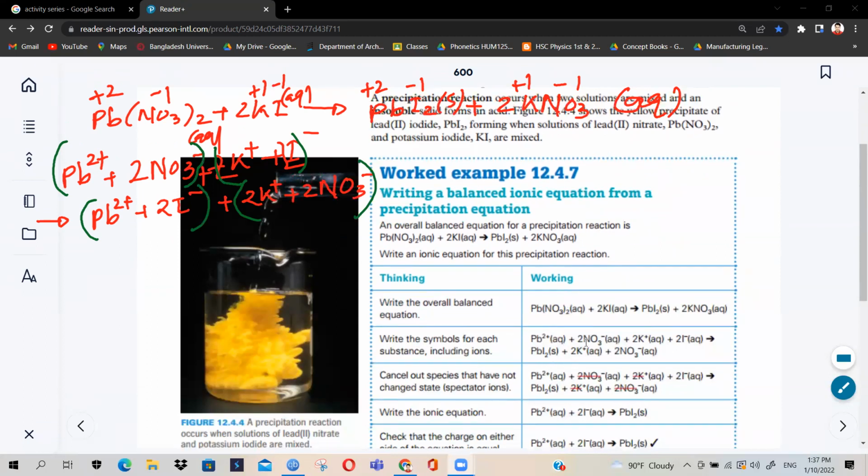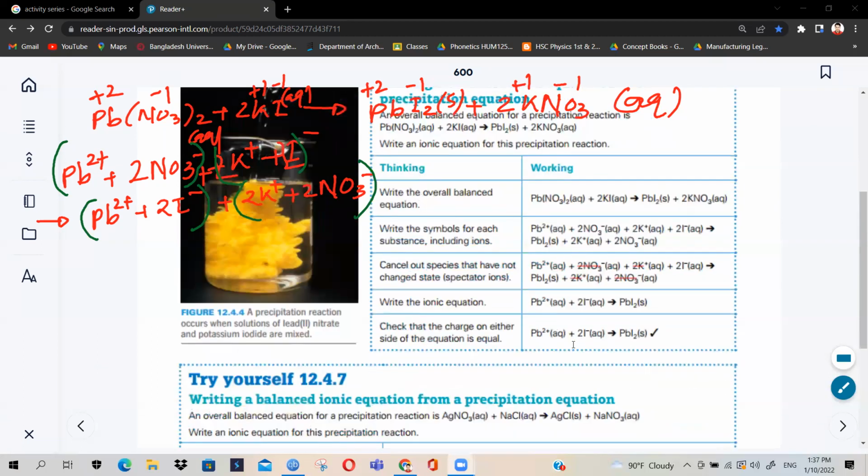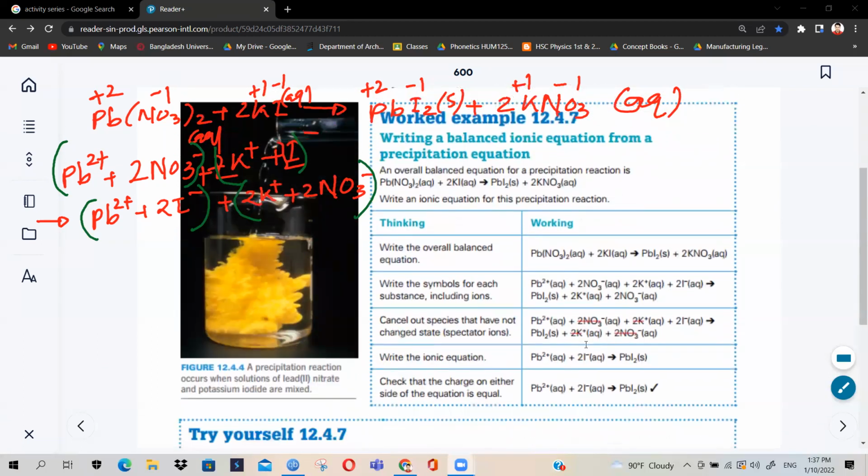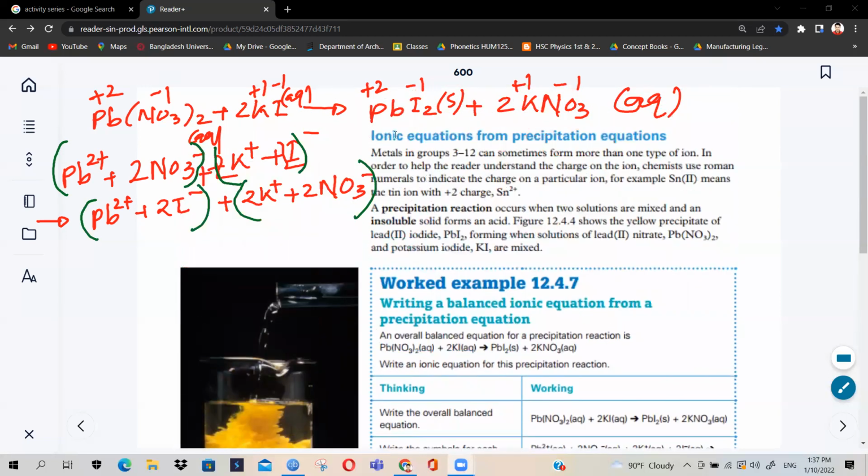So let's see. Pb2+. Oh, okay. So what they have done is they have just formed the equation for the particular compound which is getting precipitated. In this case, PbI2 or lead iodide is being precipitated. So for that, what should be our ionic equation?